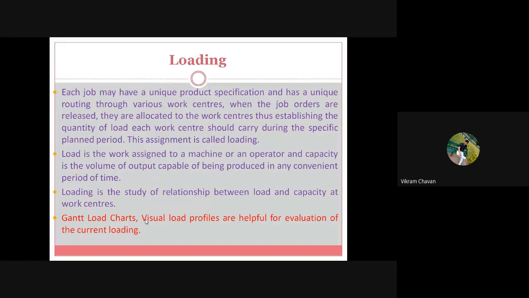Okay, so load is nothing but the work assigned to the machine or the operator. And the accountability to assign the work to a workstation or the operator is nothing but the capacity of that particular machine and that particular operator.